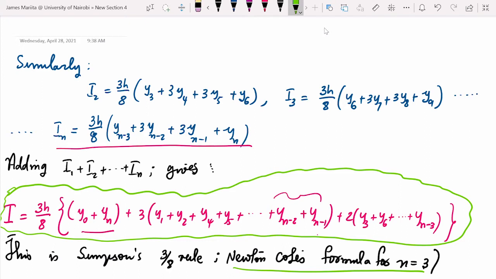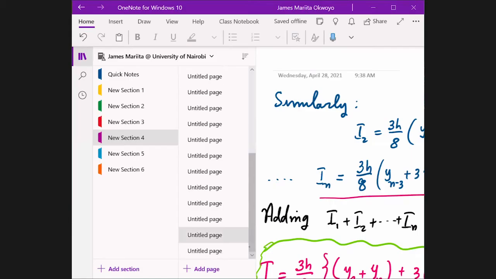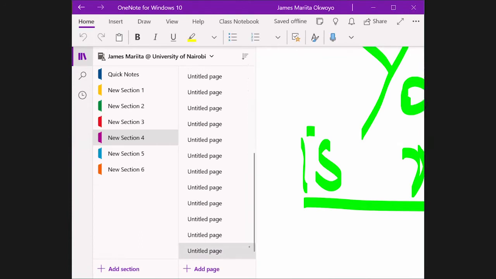Any questions up to that point? The only concern is that you are a little faster today, flipping from one page to another. Yes?